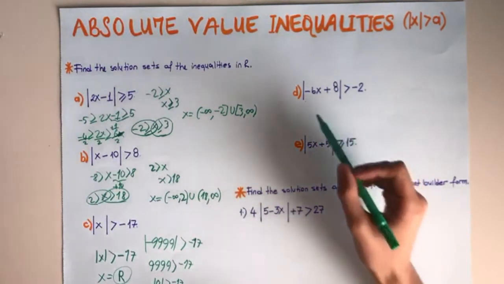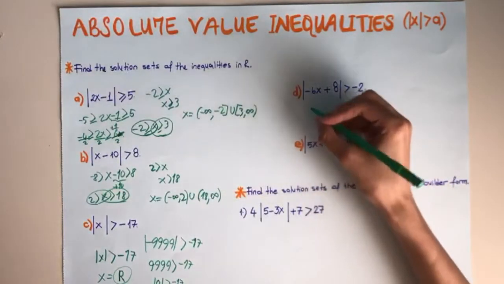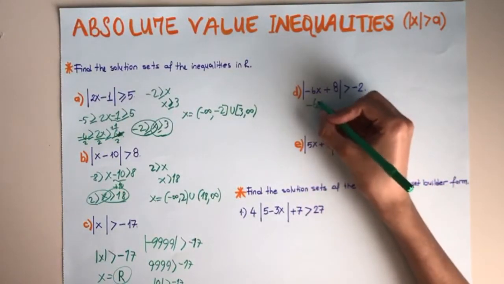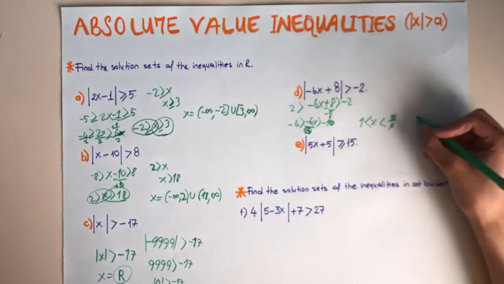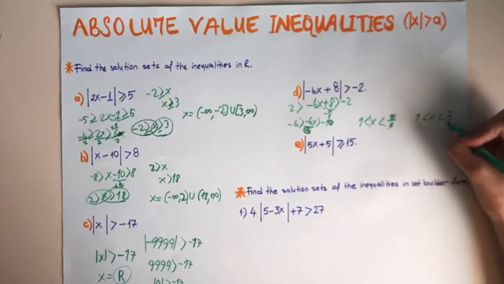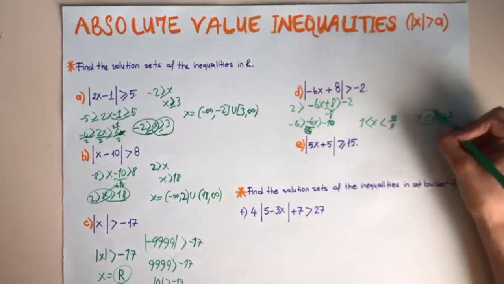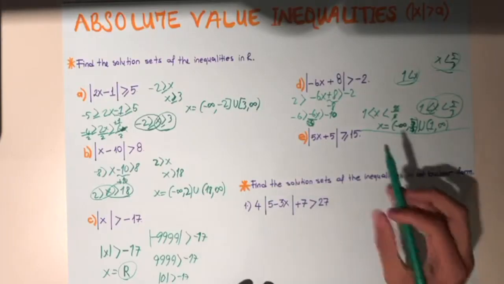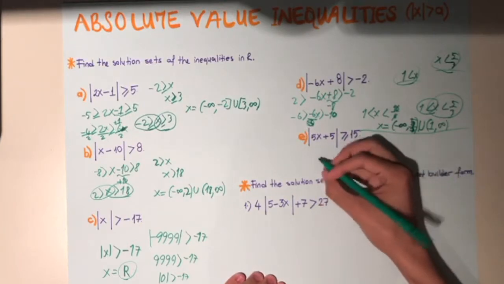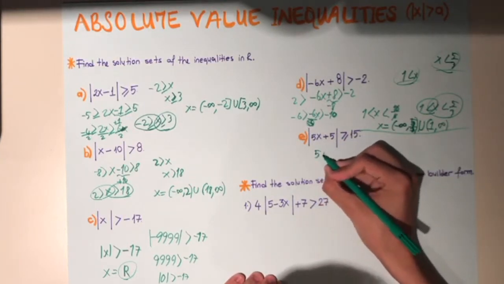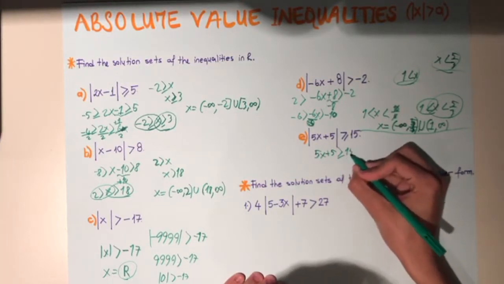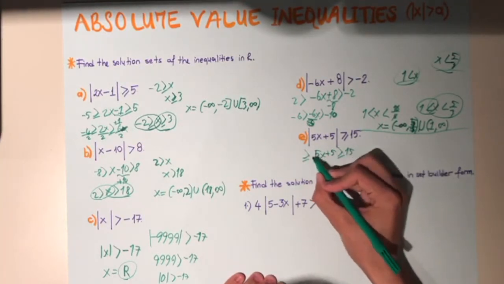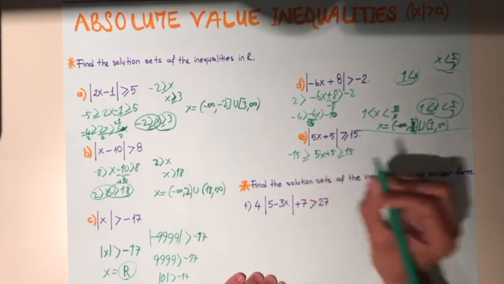This question might be the hardest in this page, but it's as simple as the others, so let's do it. So when we simplify it, we will get 5 and 3, and then we're gonna do this separately. So in this question, we're doing the same thing again. Plus 5, 15, minus 15.